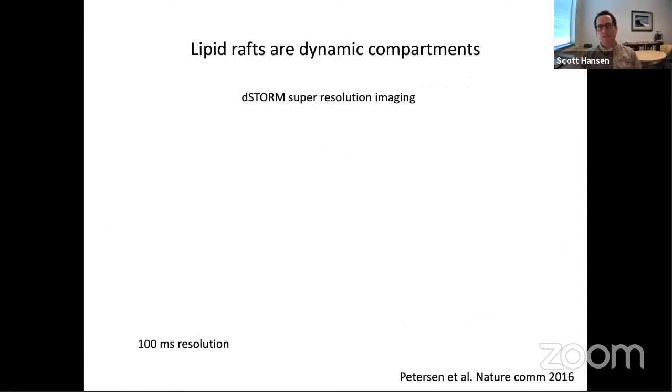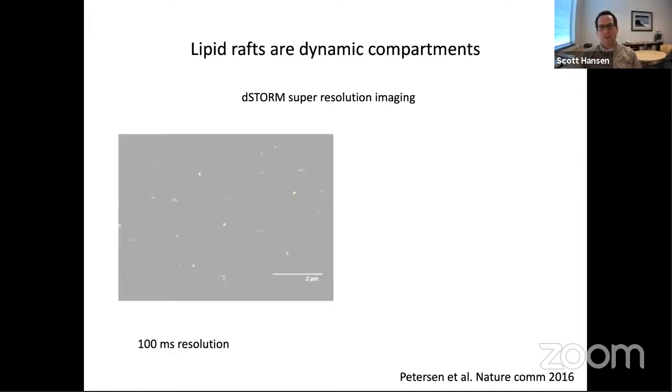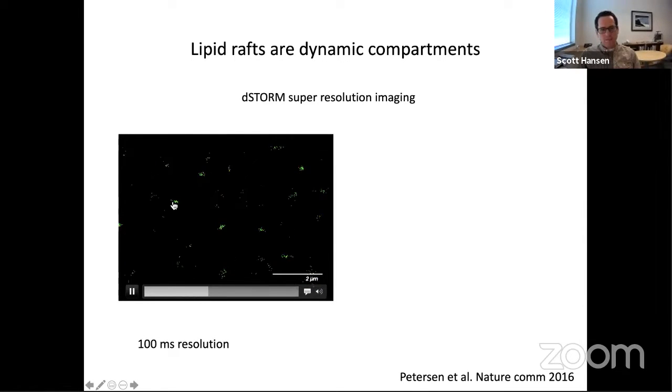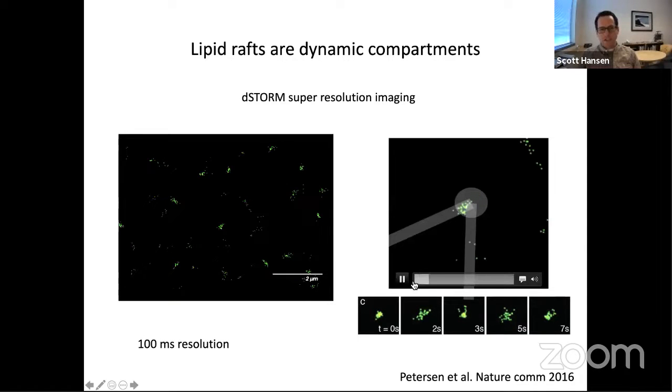And so the first thing we just wanted to know is, how do these domains behave in a biological membrane? And we did live imaging. This is about 100 millisecond resolution. And there are clustering of these lipids in general areas, and other people have seen this. And importantly, we see that the lipids exchange between these nodes, and they kind of exchange along a pattern.